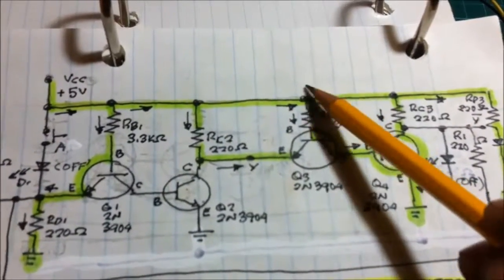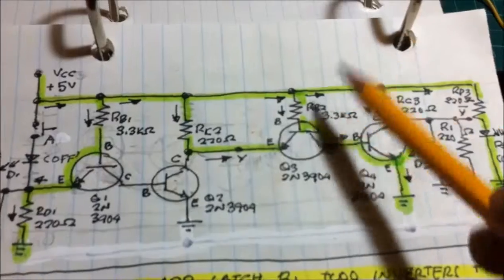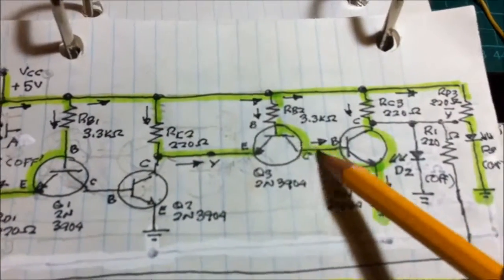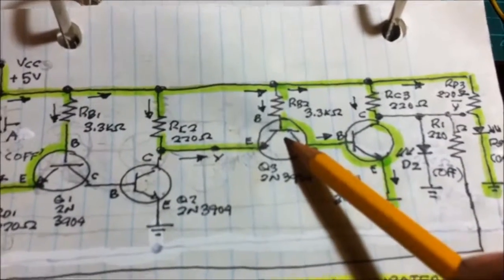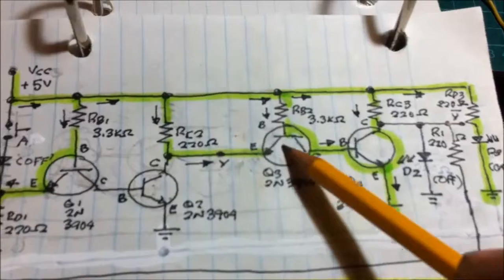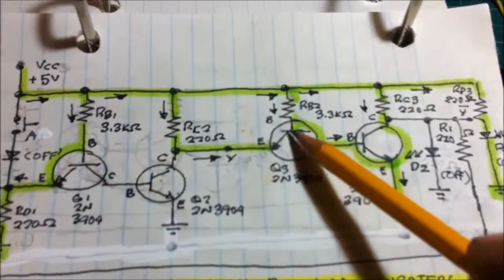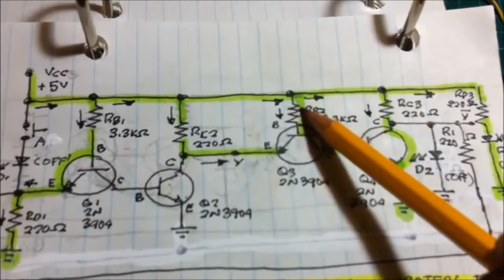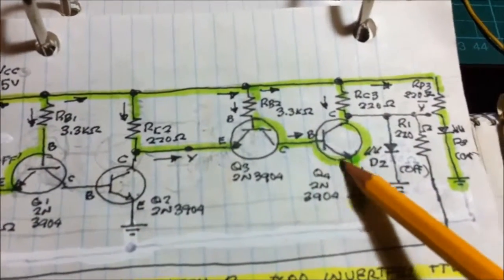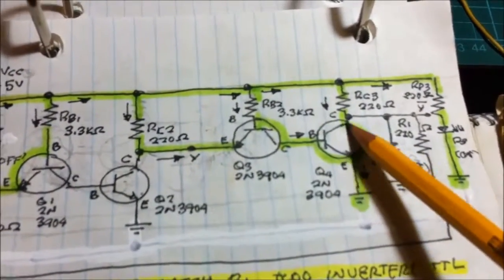What happened is the current now flows into the reverse function of this transistor, reverse mode of operation, to the PN junction, to the base to collector. And now the current flows here, making this transistor turn on.